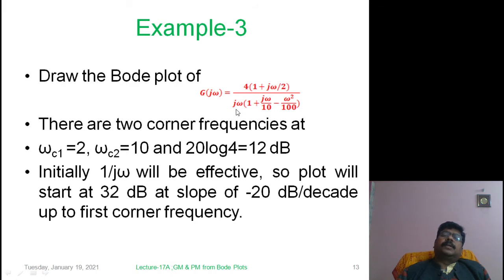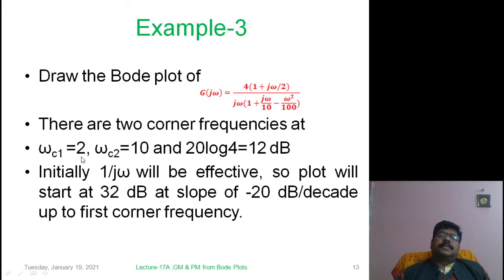This will be contributing minus 20 dB per decade. 1 plus j omega by 2 means the corner frequency is 2 radian per second, so this will be contributing a slope of plus 20 dB per decade, while this quadratic factor will be contributing minus 40 dB per decade individually.